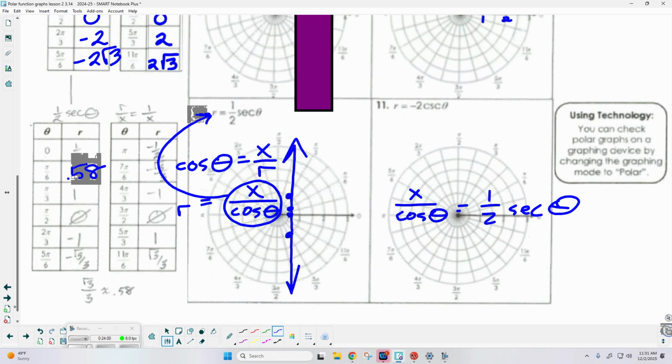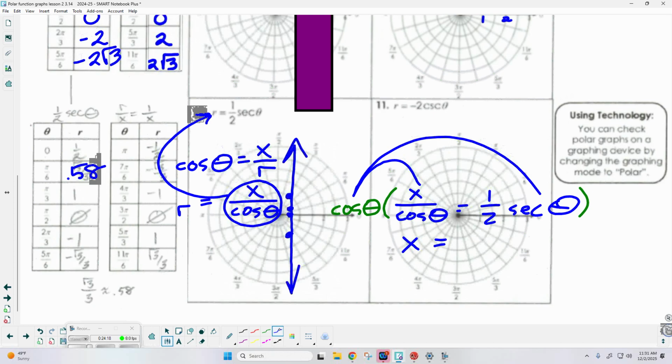So I want to get rid of that cosine. So I'm going to multiply through by cosine. Well, cosine divided by cosine, they're going to cancel. There's my x equals. Now, remember your identities. What's cosine times secant? What happens if I multiply reciprocals? I get 1. So 1/2 times 1, that's just 1/2. See, I ended up with the vertical line, x equals 1/2.